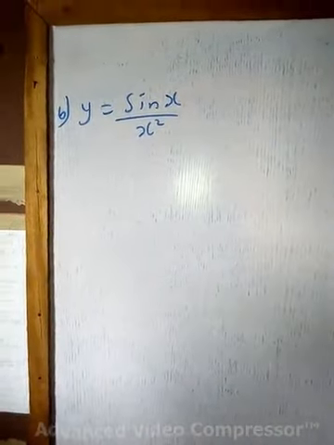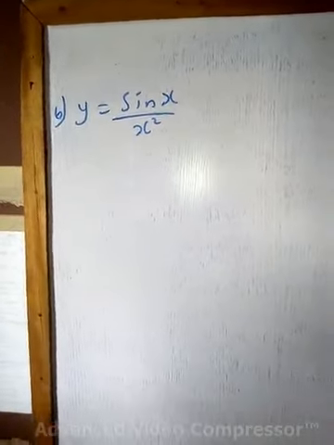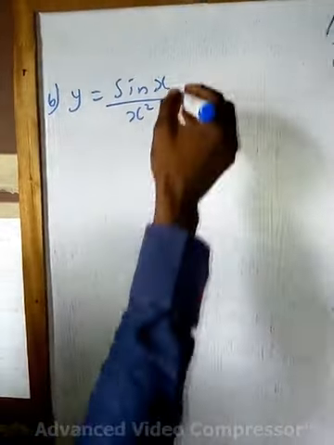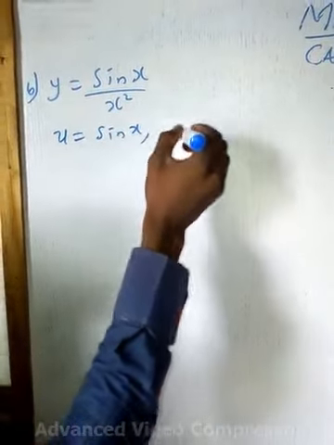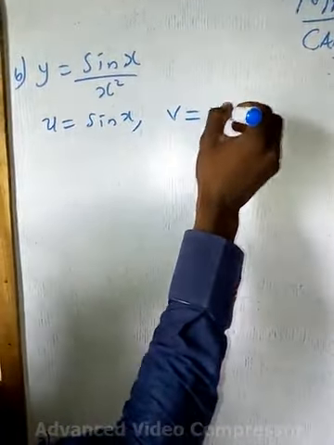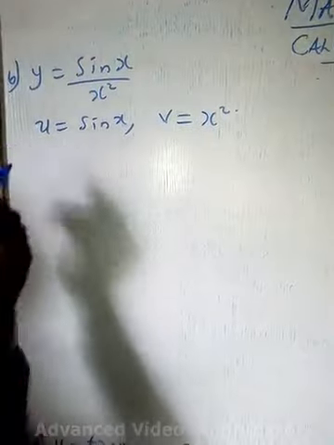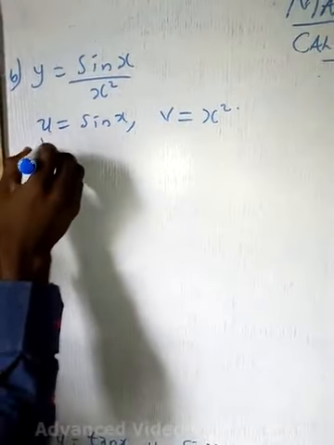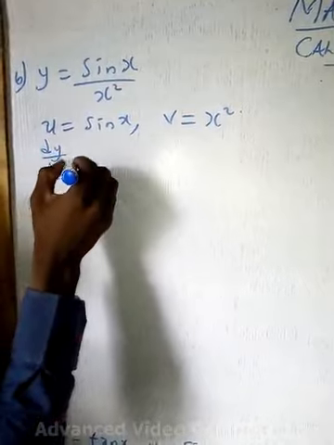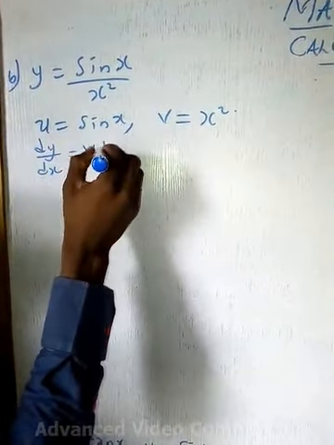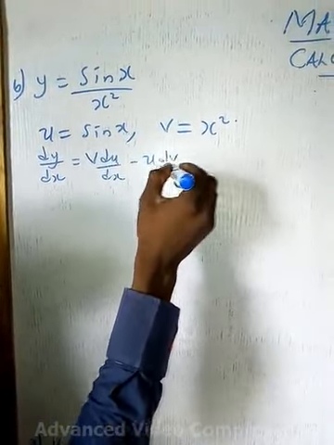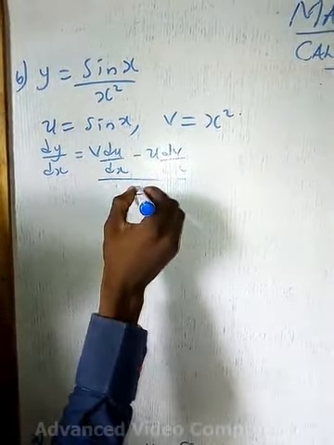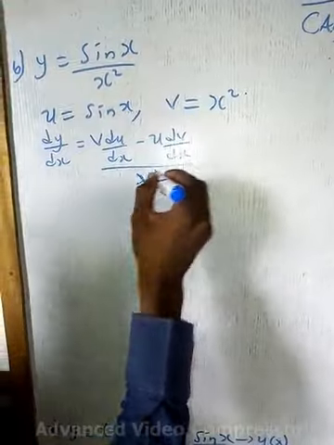Now the second example on the quotient rule is sine x all over x squared. My u is the one in the numerator, sine x. My v is the one below, x squared. Then in our quotient rule, dy/dx is my v du/dx minus my u dv/dx, all over v squared.